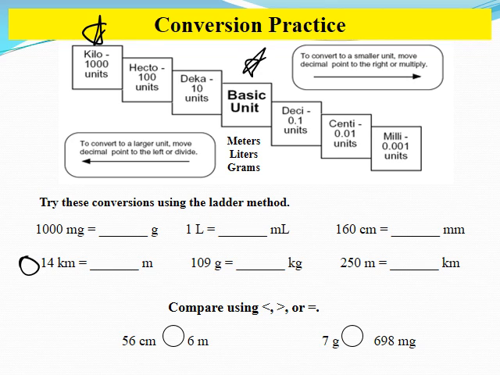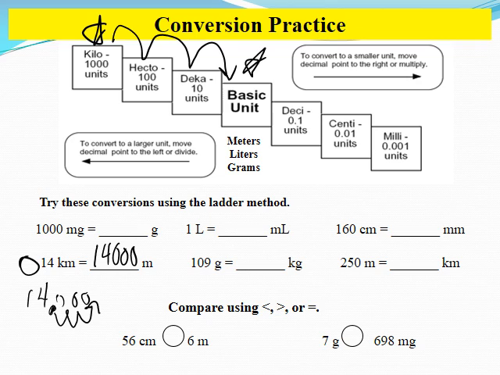So in this case, we're going to the right by 1, 2, 3 steps. Now remember, at the end of your number, that's where the decimal point always is. So we're going to move it 1, 2, 3 places to the right. 1, 2, 3. So this goes from 14 kilometers to 14,000 meters.